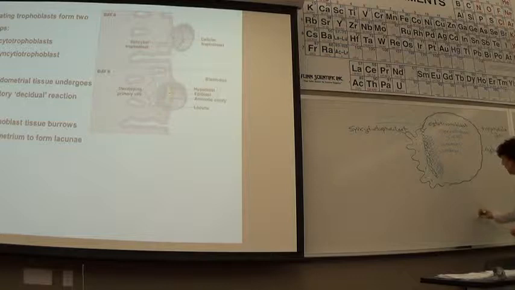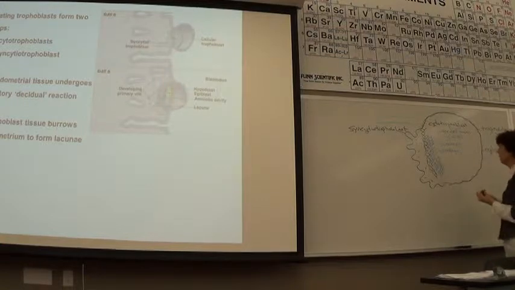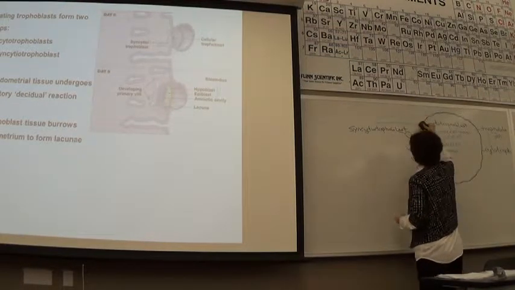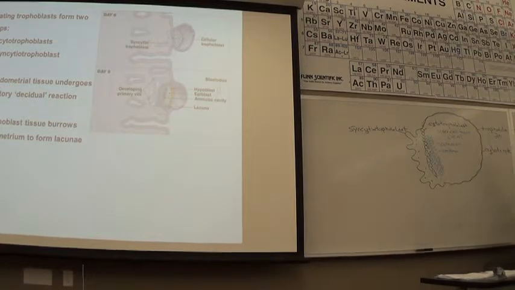So here's our uterine glands. And they now form a solid layer over the top of the developing embryo and fetal tissues.